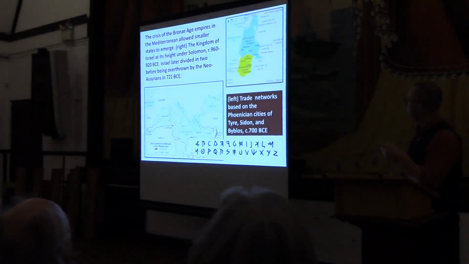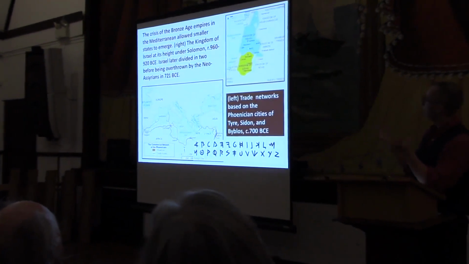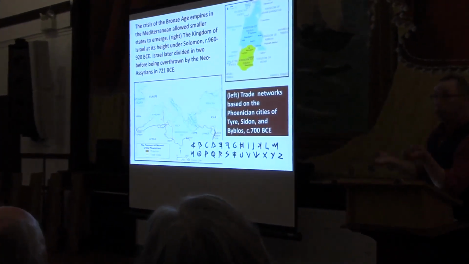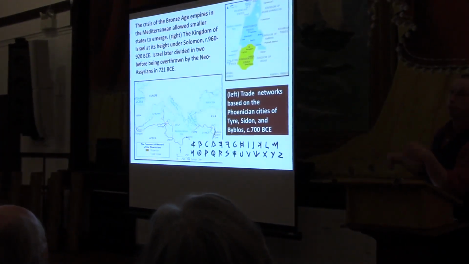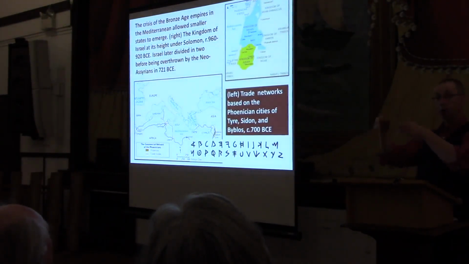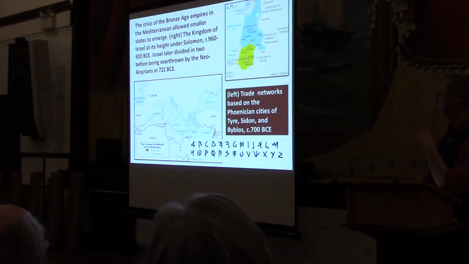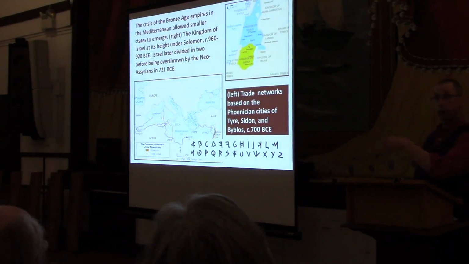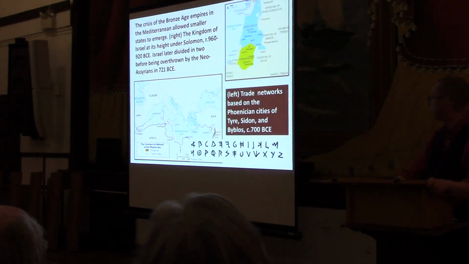which in the top right here, divides and then is basically swallowed up by the next new big Iron Age empire. Now we're talking about the Neo-Assyrians, and at the bottom here, same period, the emergence of the Phoenicians, again from the Eastern Mediterranean, trading throughout the Mediterranean.